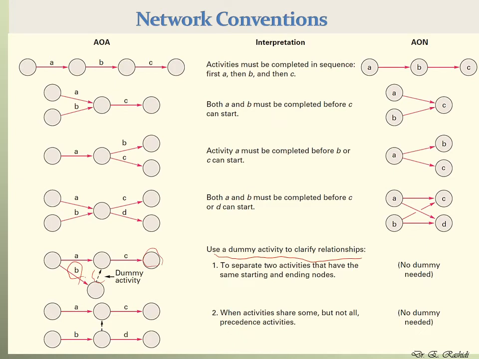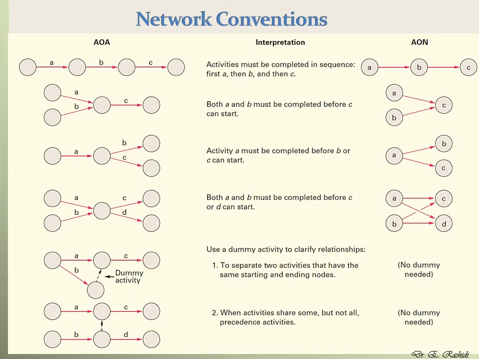That's why we need to add this dummy arrow here. So you would have the same start here and the same end here. This dummy activity doesn't really exist. It's not time consuming, it's not resource consuming, it's just for the purpose of showing that these are connected. This is how the logic works here. The logic is from the start to activity B and then to activity C and the end.